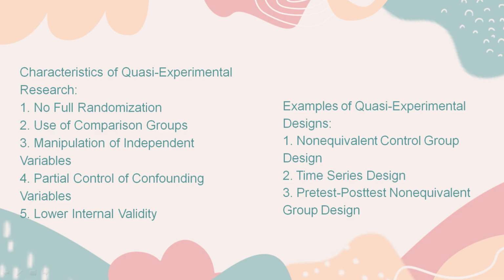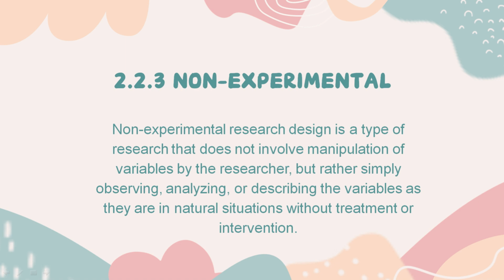Then the next slide is non-experimental. Non-experimental research design is a type of research that doesn't involve manipulation of variables by the researcher, but rather simply observing, analyzing, or describing the variables as they are in natural situations without treatment or intervention.